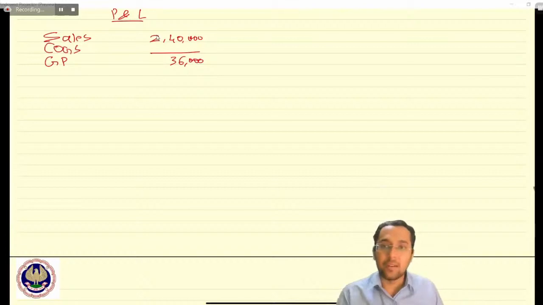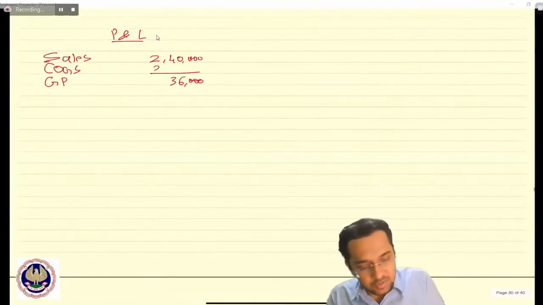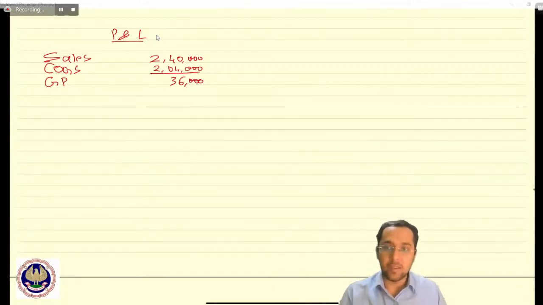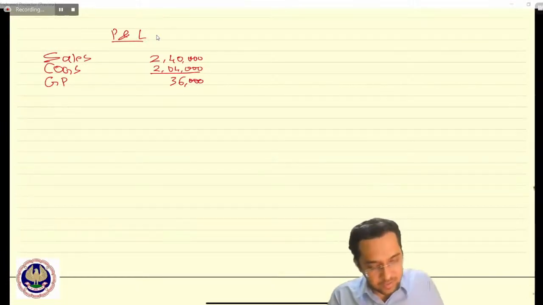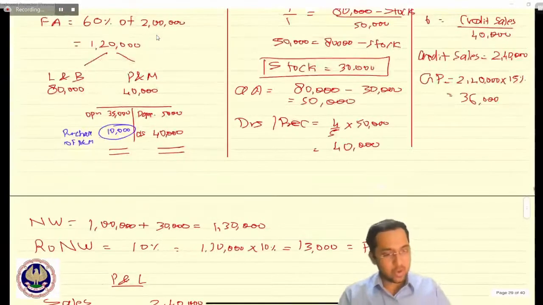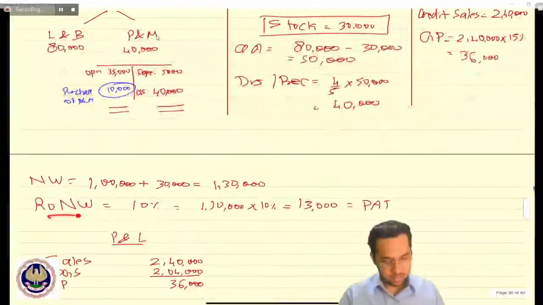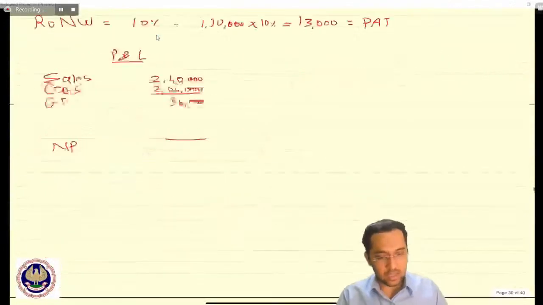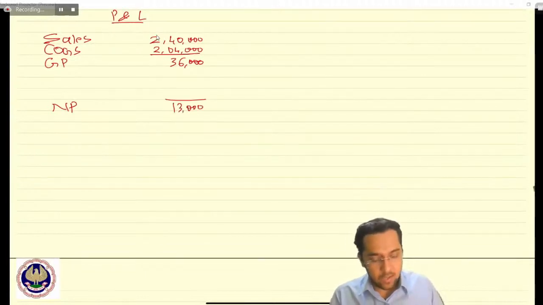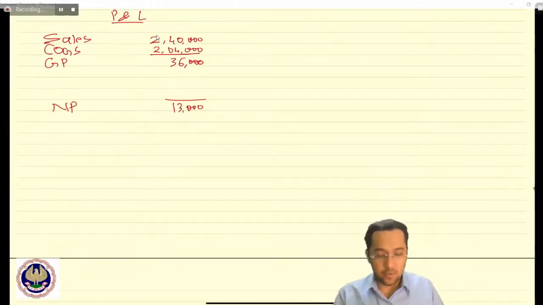The balancing figure will be our COGS. COGS is like 2,04,000. Right? And then from GP, we have to compute the other expenses and then get the net profit. So net profit is calculated by us PAT of 13,000. Net profit is 13,000. What is the balance left over?